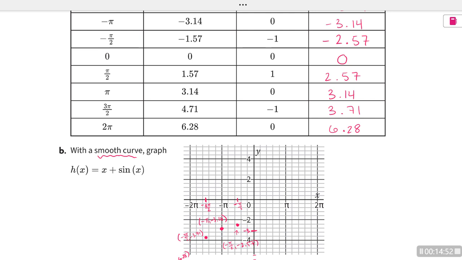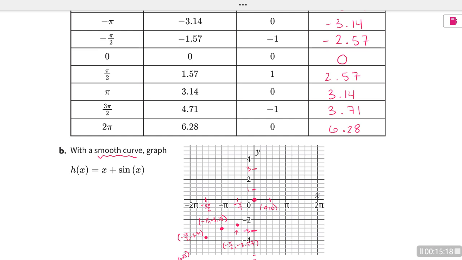Okay, now 0, 0. That one we can do pretty cleanly. 0, 0. Okay, and then we have positive pi over 2. So that's about right there. And let's see, this is where 1 would be. So here is roughly 3.